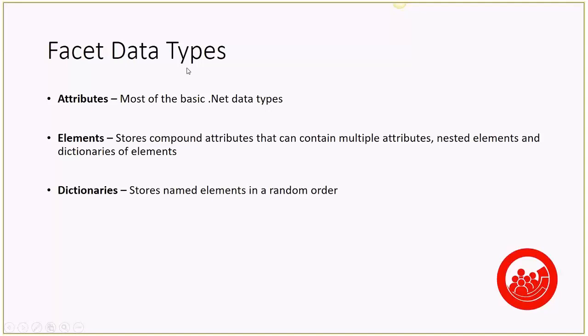And then facet data types. Just to summarize again, facets can hold elements, and elements have attributes, and dictionaries basically hold lists of elements, right?